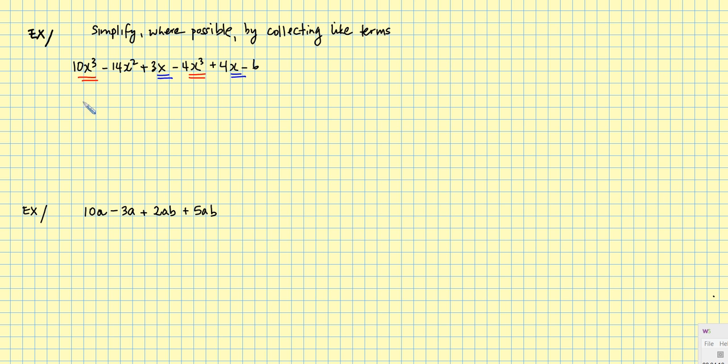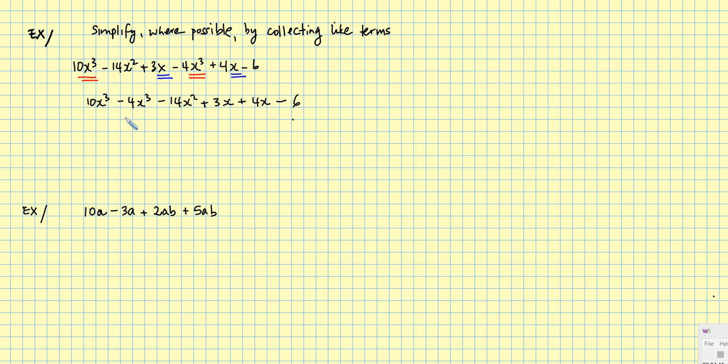Now, if you wish, you can bring them closer together so that you may group them, so that you can say 10x cubed minus 4x cubed minus 14x squared plus 3x plus 4x, and then we have minus 6. So that now we can simplify further.